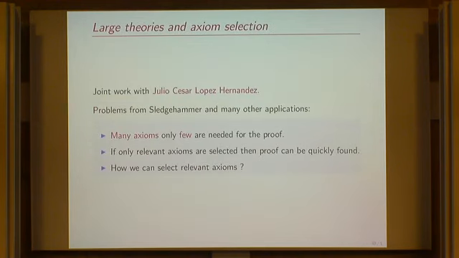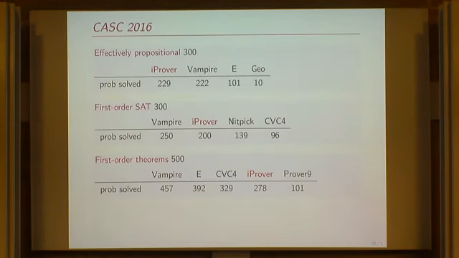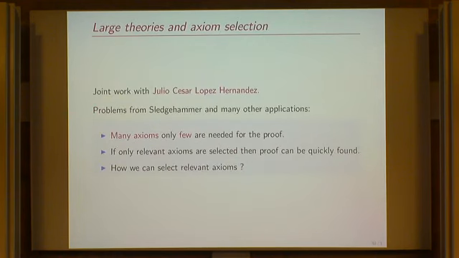Right, I think you're close to the end, and you still have a couple of minutes. Okay, so this is the interesting part of the talk. It's not directly related to instantiation, but I think these are nice problems that are relevant to integrating ATPs with ITPs.